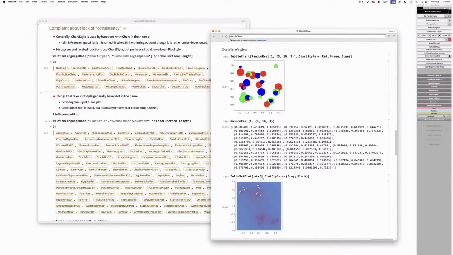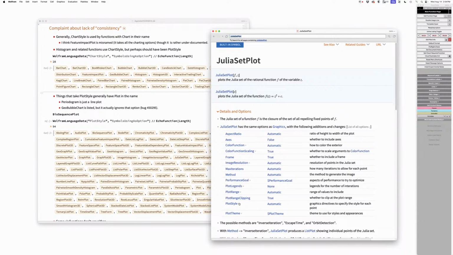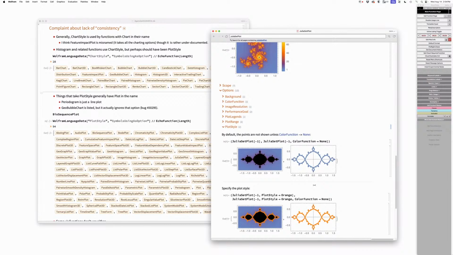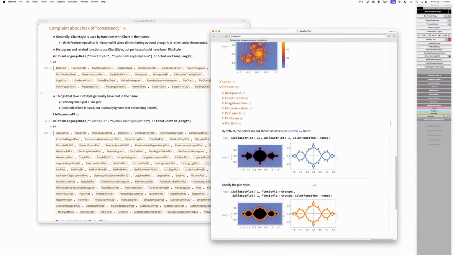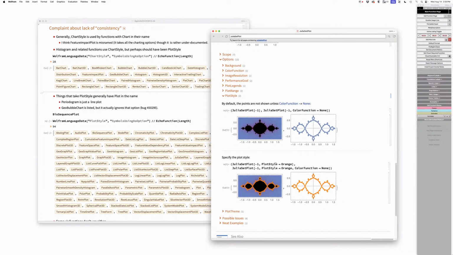Yeah, I mean, it is possible for, I think, JuliaSetPlot to generate something that is point based. And for that, it supports PlotStyle. If it doesn't have PlotStyle... oh, it's the boundary of the Julia set. That's really weird. Okay, all right, it's amusing.